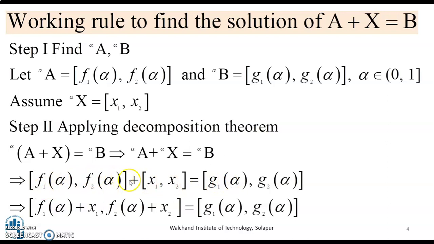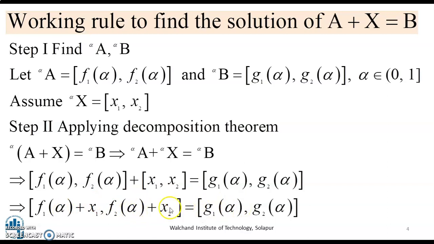Now on the left hand side, there is an addition of the closed intervals, and we know that the closed intervals are added position wise. That is, the initial point is going to add with the initial one and end point is going to add with the end point. After adding, we get a closed interval f1 of alpha plus x1 comma f2 of alpha plus x2 is equal to the right hand side as it is. Now again, we know that two closed intervals are equal only when their initial and end points are equal.